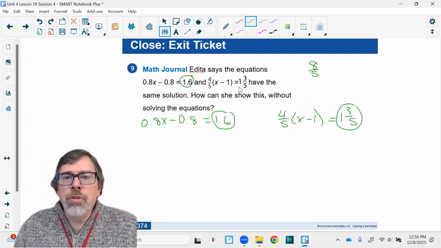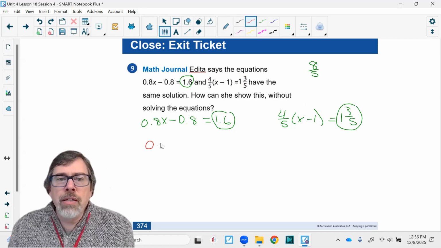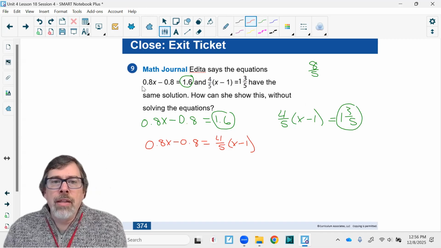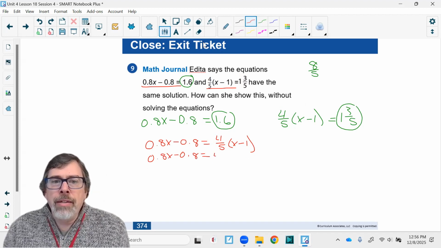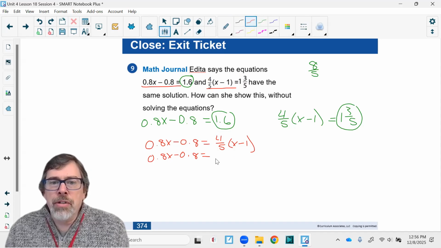So how can we do it? Well, if two things are equal to the same total, they're equal to each other. So I could say 0.8x minus 0.8 equals 4 over 5 times x minus 1. So what did I do? I set this equal to this because they're both equal to 1.6. Okay. So then if I distribute, I get 0.8x minus 0.8 equals 4/5, which is 0.8. Let me just change that to decimals because they're all decimals.